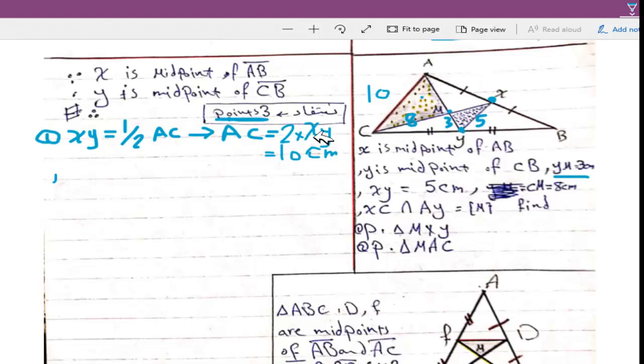Now you have XC is the median, and YA is median. Those are the 3 points you have to remember.